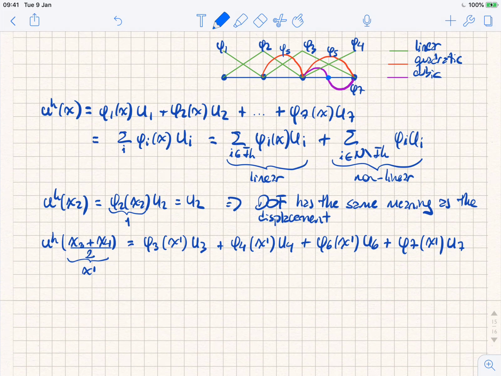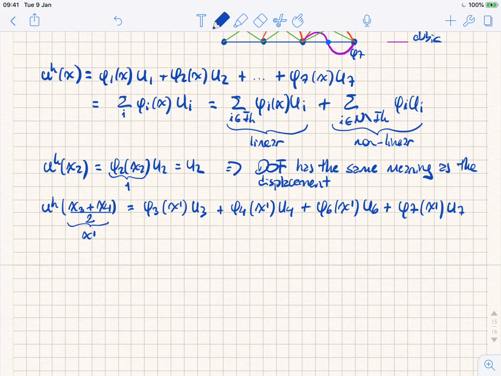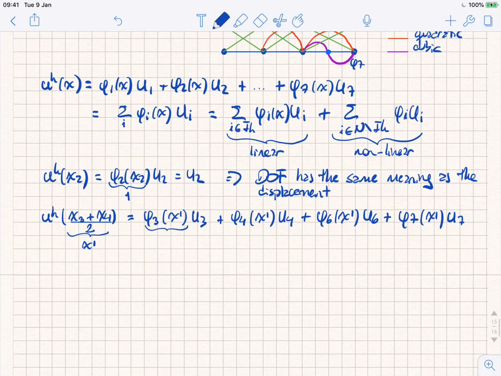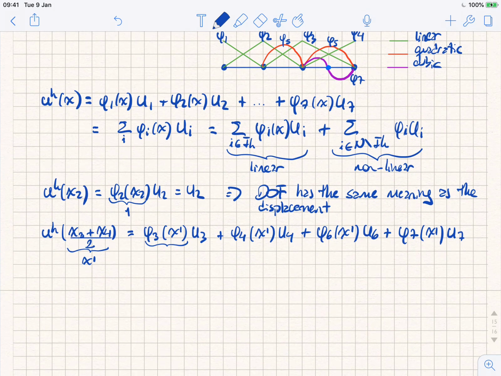Because it is in the middle, we know the value of the linear interpolant. What is this value? 0? Huh? 0. No. 1. Yes, it's 1/2. And we know what this is, 1/2.